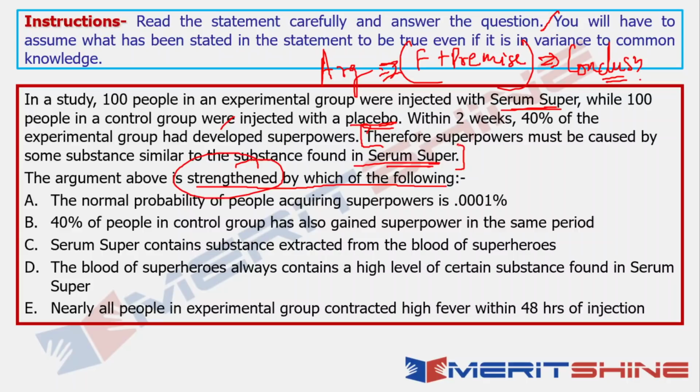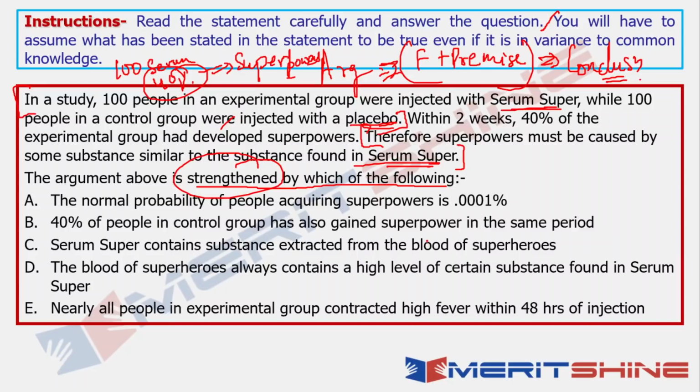And on what basis does he do so? These are the two facts. The first fact is that 100 people have been given serum super, and 40% of these 100 people developed superpowers. On the basis of it, he infers that superpowers must be caused by the substance that is there in serum super or similar to that.